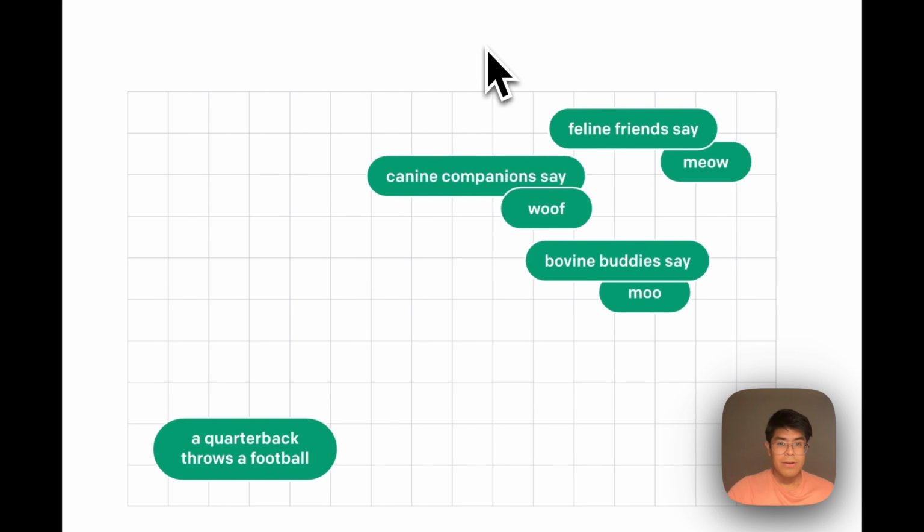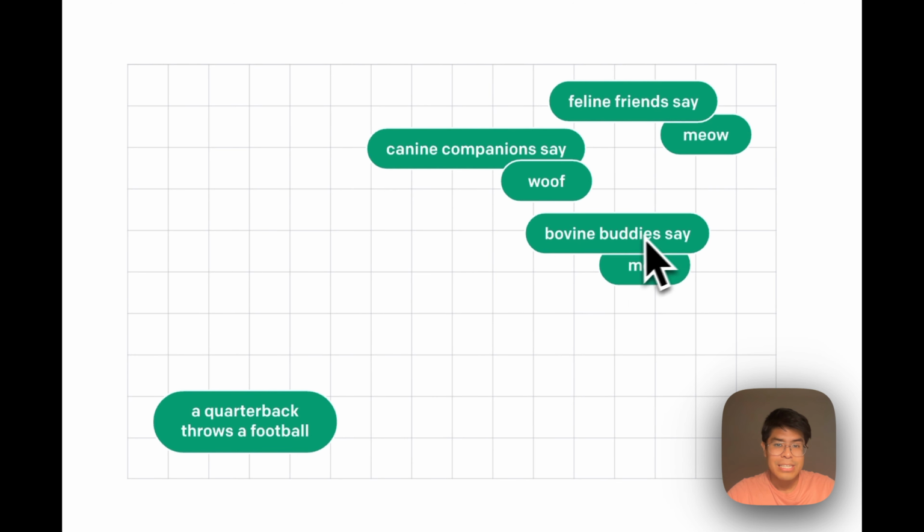And we can see that texts that are more closely related group closer together in the vector space. The texts here are all related to animals, like meow, and moo for cow. They were all grouped closely together, versus a text related to sports, like a quarterback throws a football. That's a general overview of what vectors can help us achieve, which is how to relate text to each other in a fast and intuitive way for a machine.